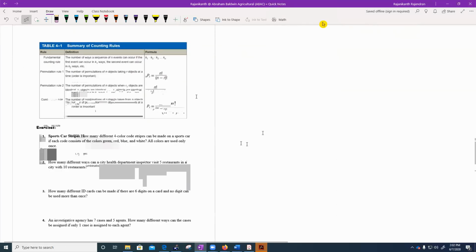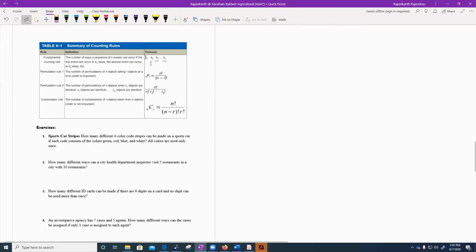I have summarized everything under one table. First we saw the counting principles, that is the number of ways we found today. After that, we saw the permutation formula. The permutation formula is important when you have order. Then we saw how to arrange p different objects where each object has a different kind of similarity, then you have to use permutation rule number 2. Then we had the combinations formula.